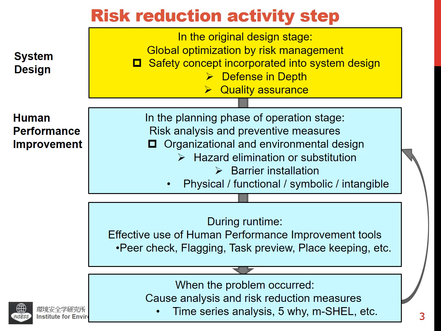And these steps need to be implemented when problems occur. In addition, cause analysis and risk reduction measures must be implemented, such as time series analysis, 5 whys, or M-SHEL, and so on. In addition, the problems are fed back to the planning phase.